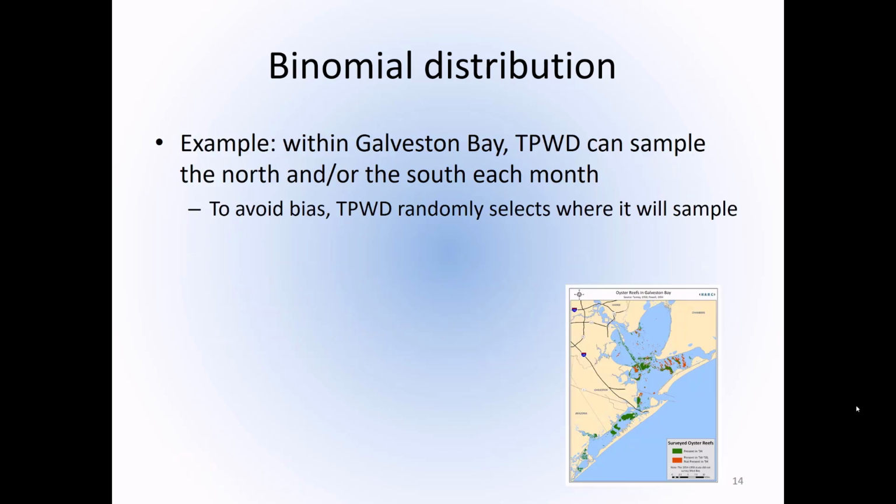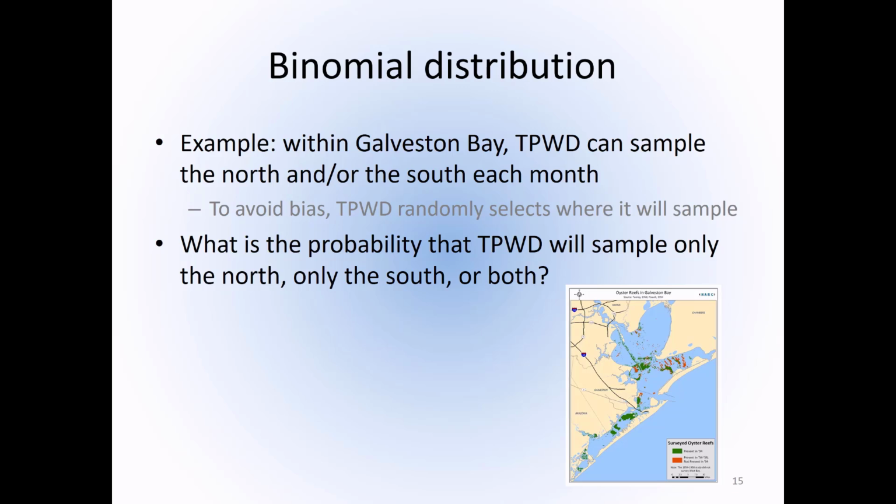So let's say that we work for Texas Parks and Wildlife Department and we are going to be conducting sampling in Galveston Bay, and we decide to divide the ecosystem into the north section of the bay and the south section of the bay, where we're going to do our sampling every month. And to avoid any type of bias, we're going to randomly select where the sampling is going to take place.